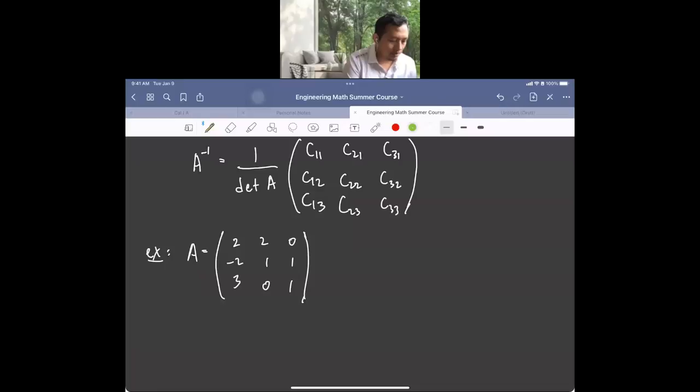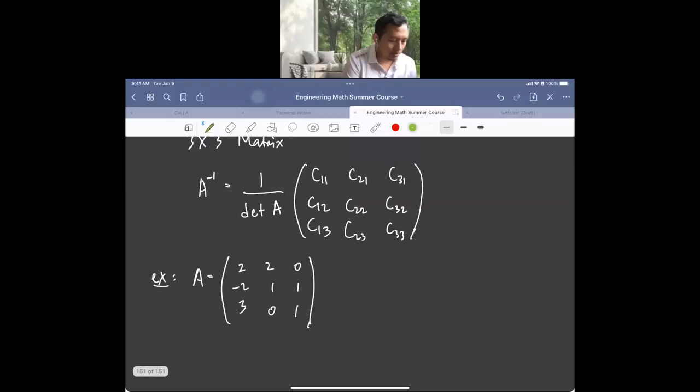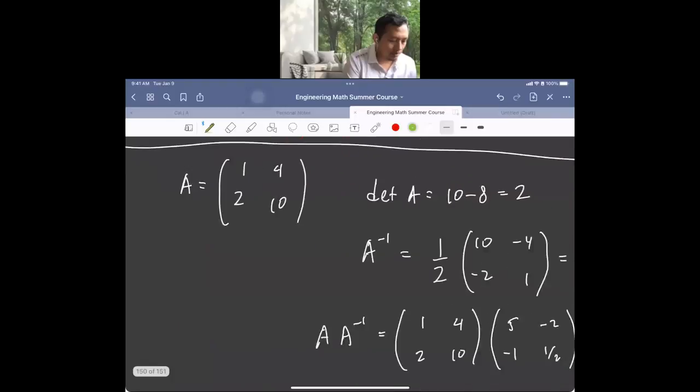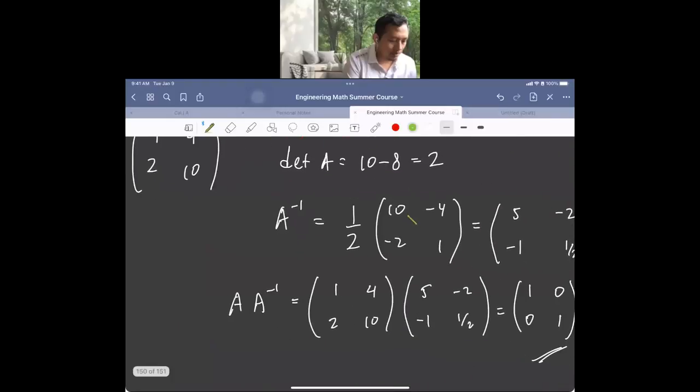Okay, first finding the cofactors. Now for 3 by 3, we need to really consider the cofactors. For 2 by 2, we just simply exchange these and then add negative.